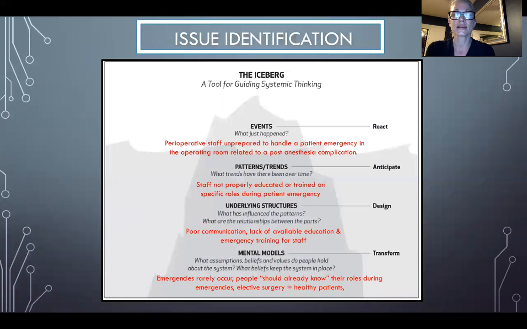So interestingly, I found the iceberg tool, which is a guide for systematic thinking. I found this to be interesting in relation to the perioperative emergency training. Basically, for the first portion of it, we're looking at events, what just happened.